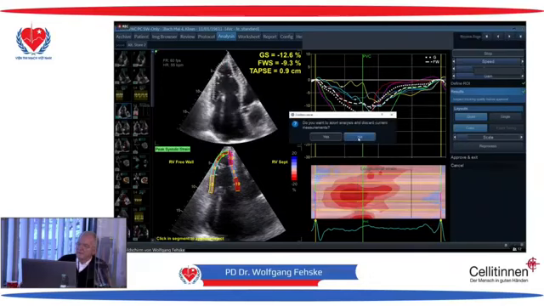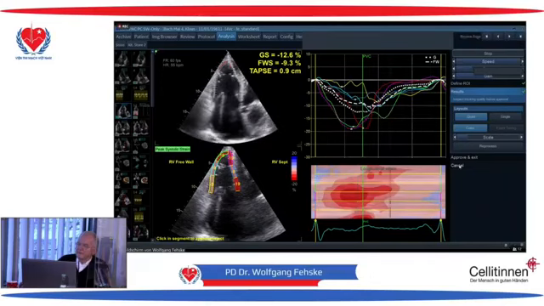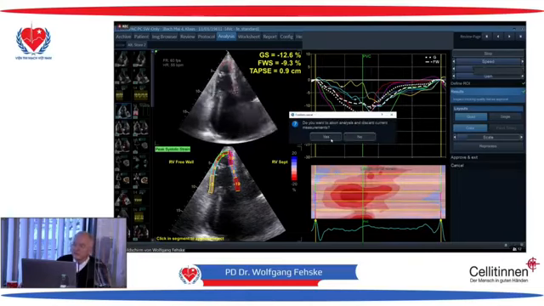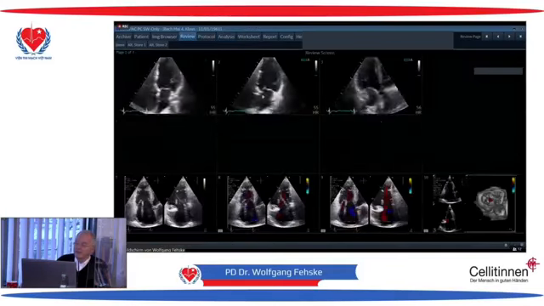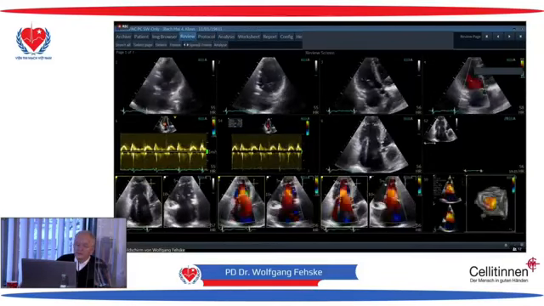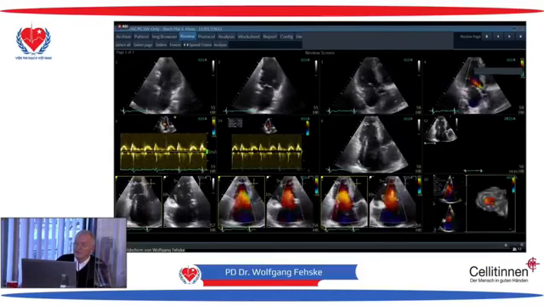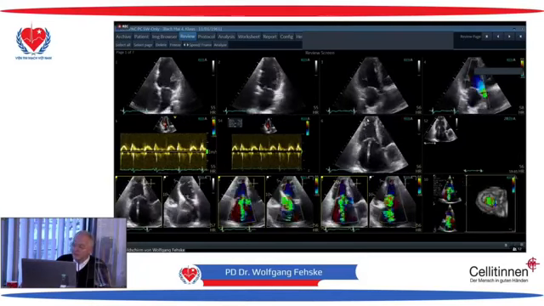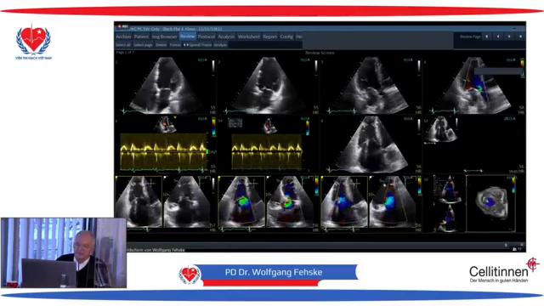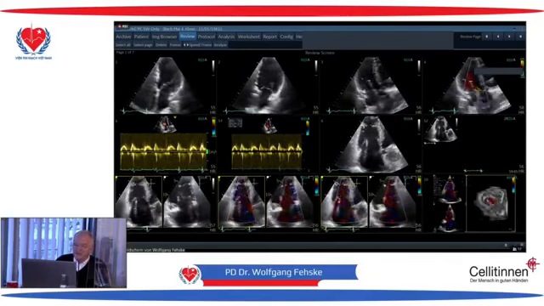So we go to the next step in my examination. I will go to the biplane visualization because obviously something is wrong with the tricuspid valve. You see there is a pacemaker lead, a defibrillator lead, and we go directly from this side to this side.